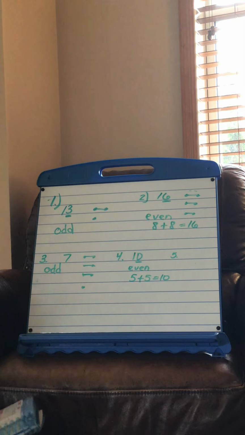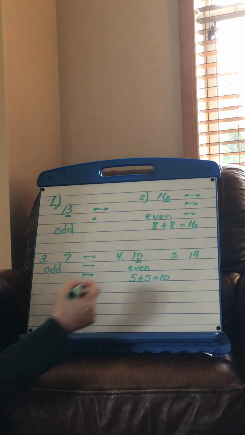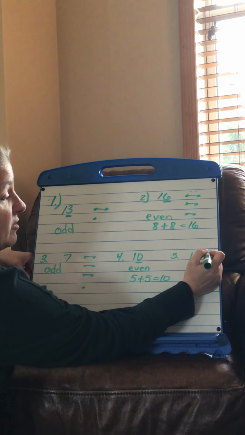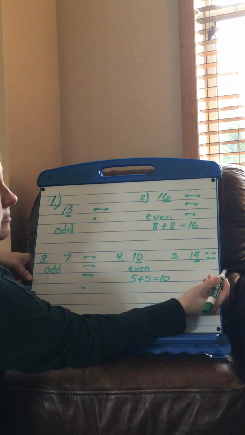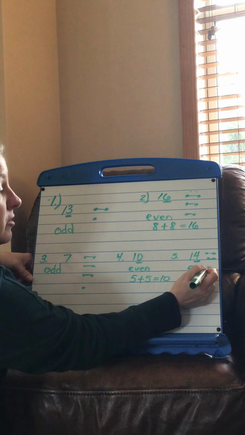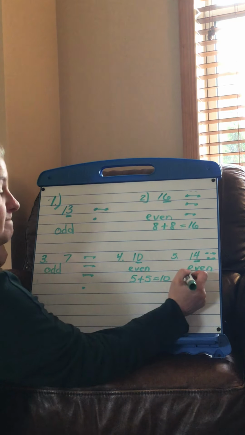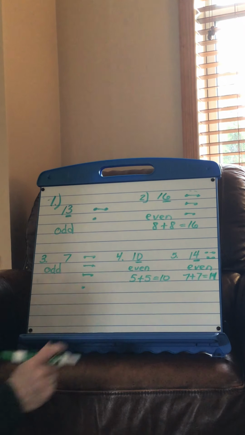For number 5, they give us the number 14. Again, you can draw 14 dots, but otherwise to make it easier, look at the ones place, and that number is 4, so I'm going to make 4 dots. I can connect them together, so that means that it's going to be an even number. And because it's even, we have to think of a double that would equal 14. And the double of 14 is 7 plus 7 equals 14.